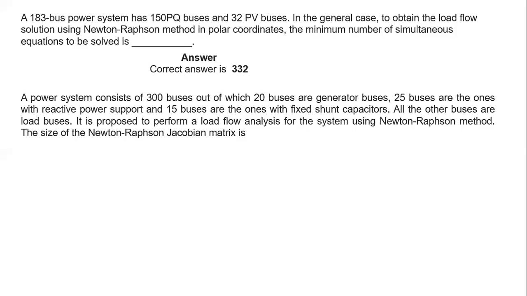A power system consisting of total number of buses 300, out of which 20 buses are generator buses, 25 buses are the ones with reactive power support, and 15 buses are the ones with fixed shunt capacitors. So with this data, what is the size of the Jacobian in Newton-Raphson method?